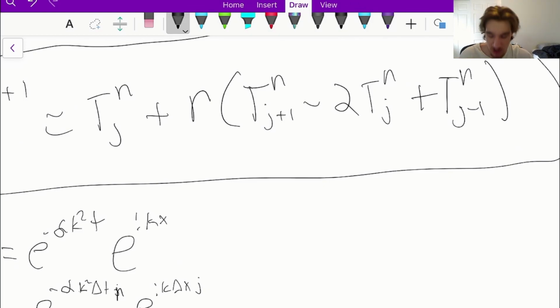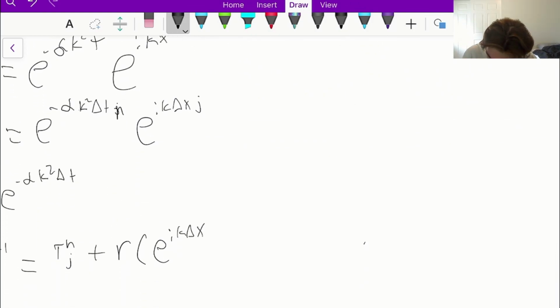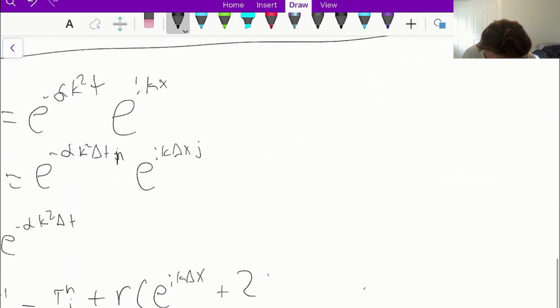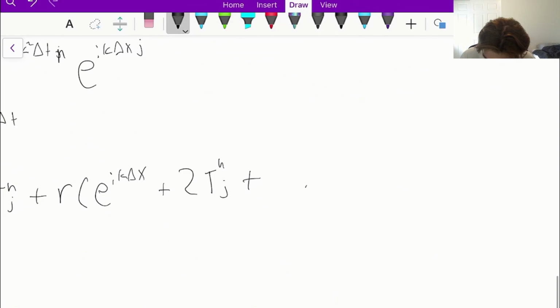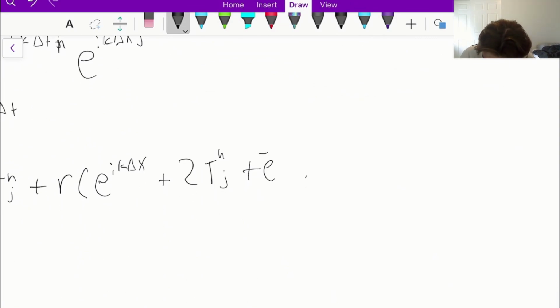That means our j is going to be positive. So we just leave it like that. And then this is plus 2 T n j, and then plus j minus 1. What is j minus 1? It's going to be negative e to the negative I k delta x.